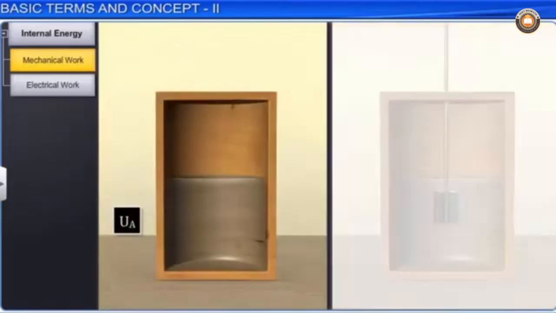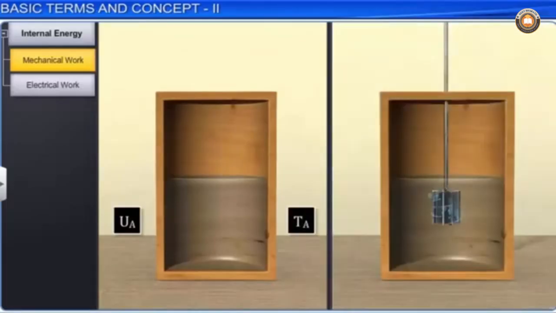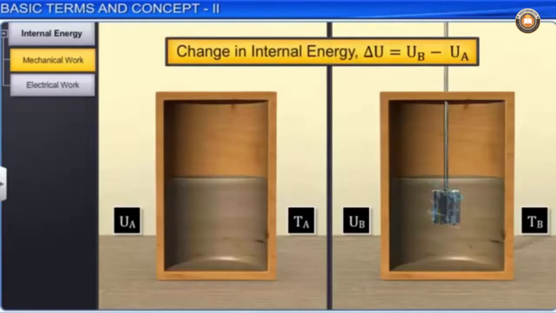Let UA be the initial internal energy of the system at temperature TA. After churning, internal energy changes to UB as temperature increases to TB. Thus, the change in internal energy is given by delta U is equal to UB minus UA.